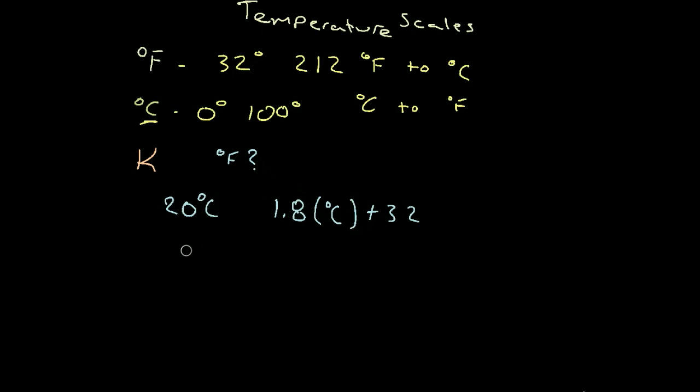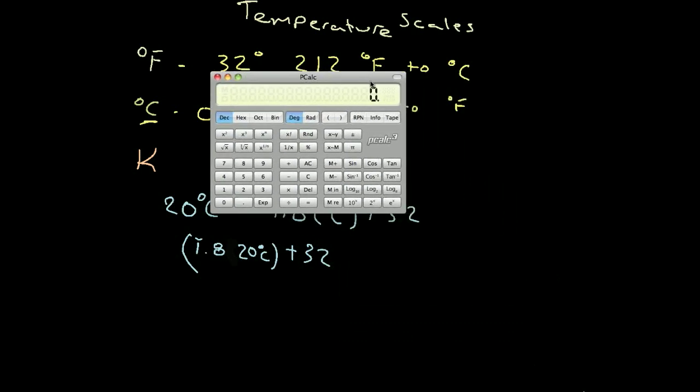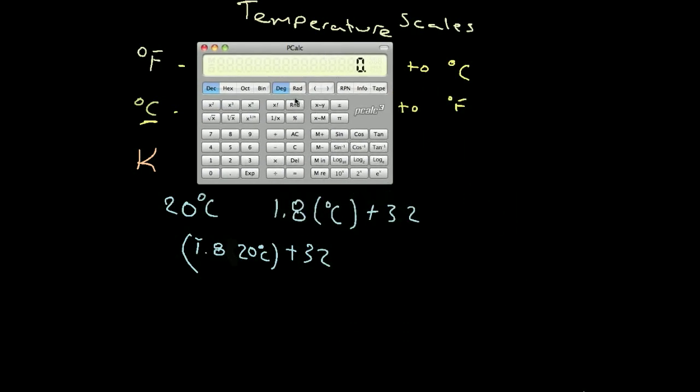But let's work it out. To rewrite this problem with the 20 degrees in there, we're going to have 1.8 times 20 degrees Celsius plus 32. Just to make this algebraically correct, I should write it like this. Let me grab my calculator and pull it up so you can see the formula.